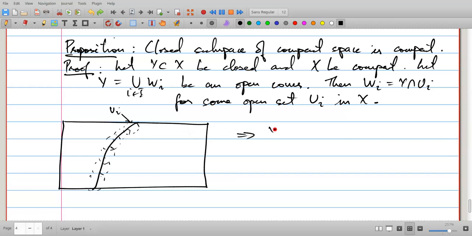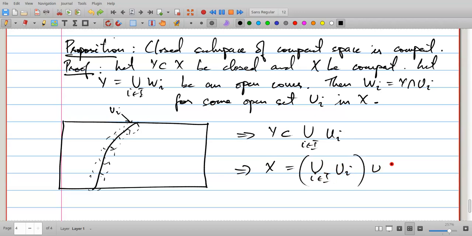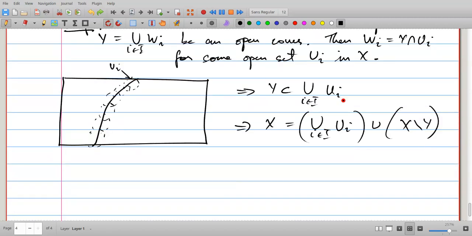So this implies that Y is contained in the union over I in I of Ui. And this implies that we can write X is equal to the union over I in I of Ui, union with X minus Y. And notice that this set is open as Y is closed.